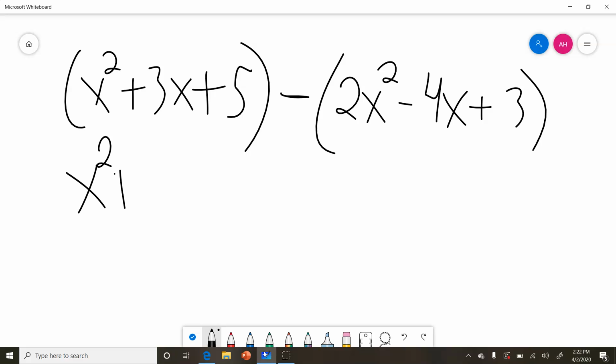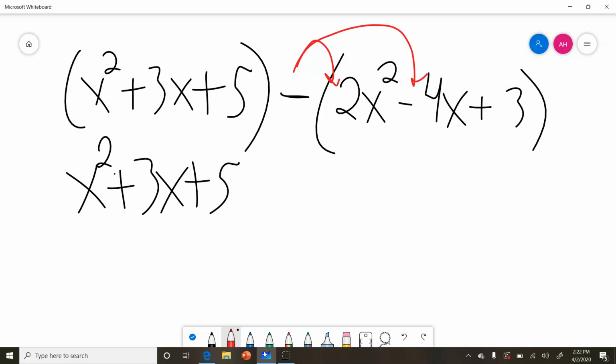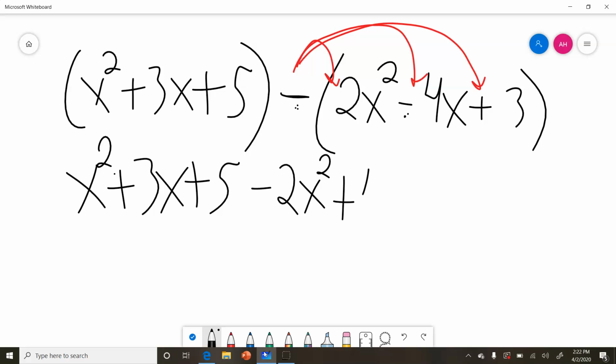This guy stays the same, okay? That's the key part. First one stays the same. But the second one, this negative sign, has to go to each one of these terms, has to get multiplied by each one. So I get negative 2x squared, right? The negative just got applied to the 2x squared. But now this negative times this negative here turns into positive 4x. And this negative times this positive turns into negative 3.